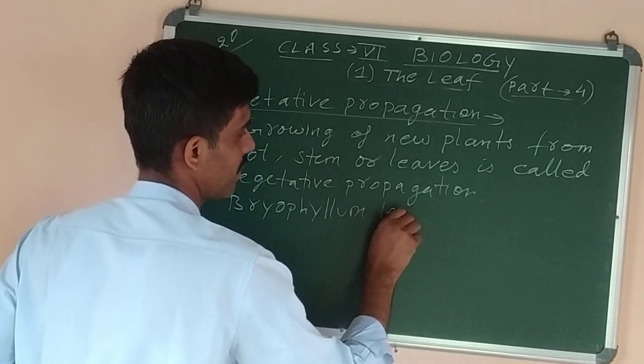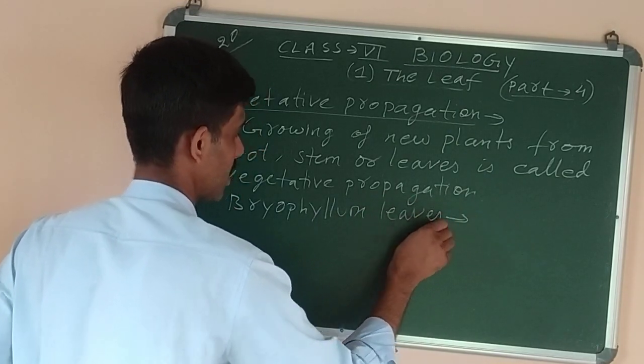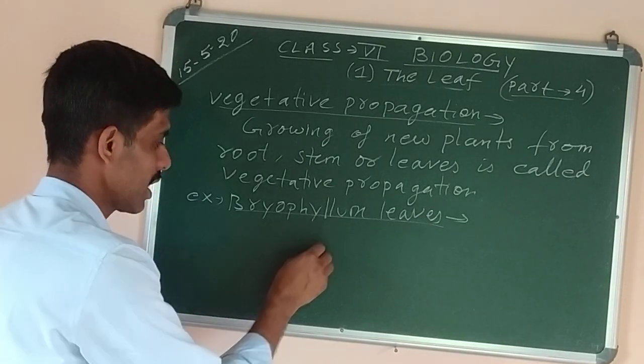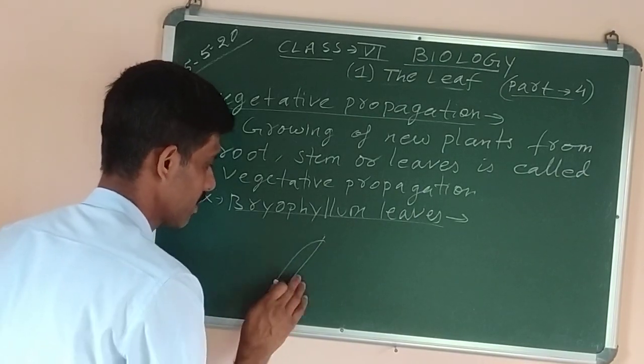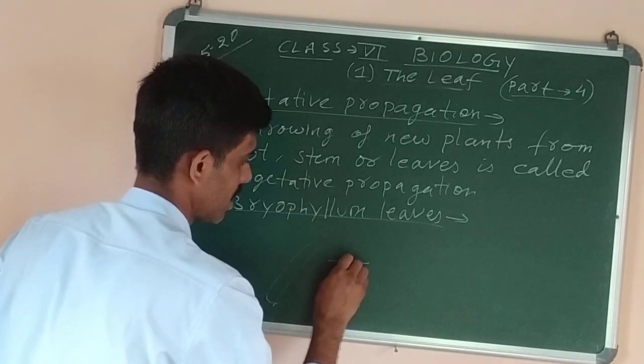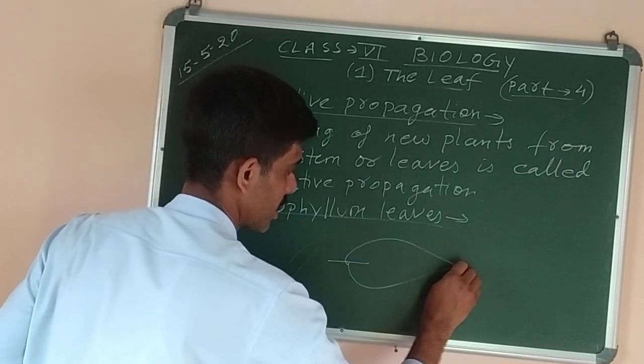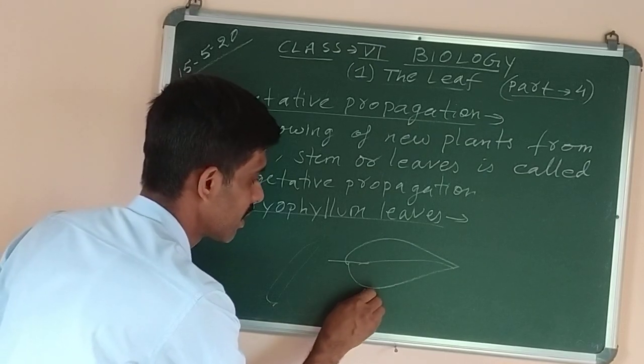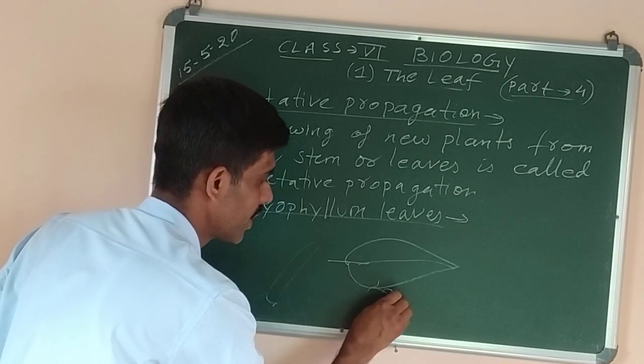Example of vegetative propagation by leaves in bryophyllum. I suppose this is the bryophyllum leaf. On the leaf, from the margin, many small buds will be there.